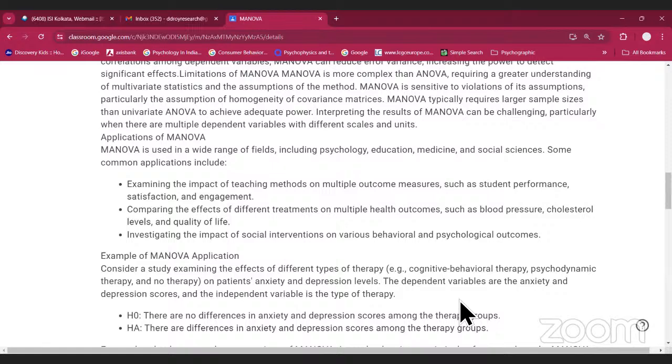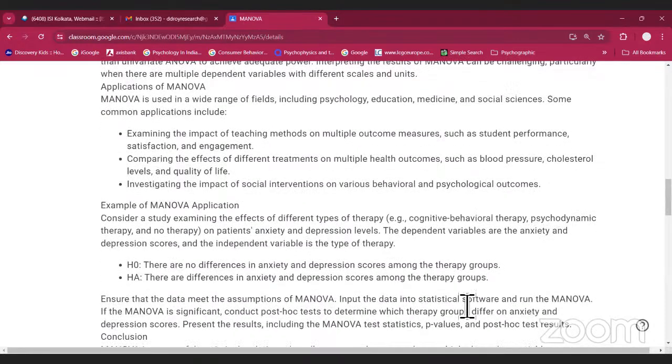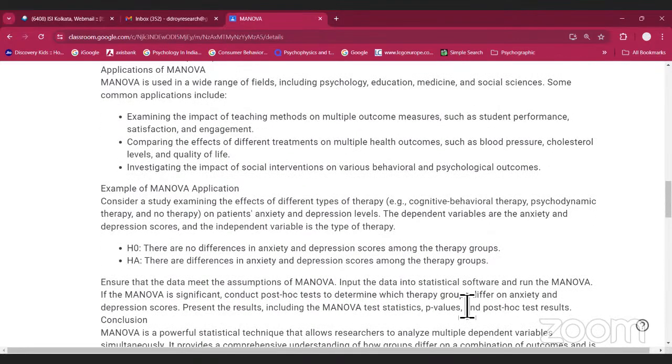The dependent variables are the anxiety and depression scores, and the independent variable is the type of therapy. Here, H0: there is no difference in anxiety and depression scores among the therapy groups. HA: there are differences in anxiety and depression scores among the therapy groups.